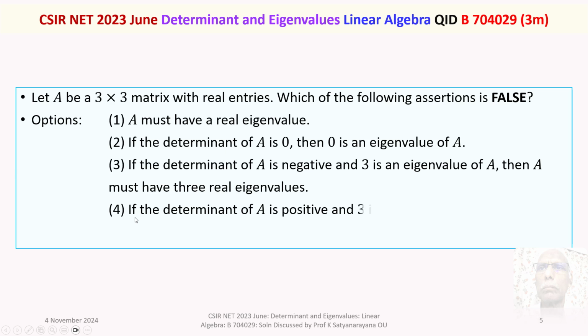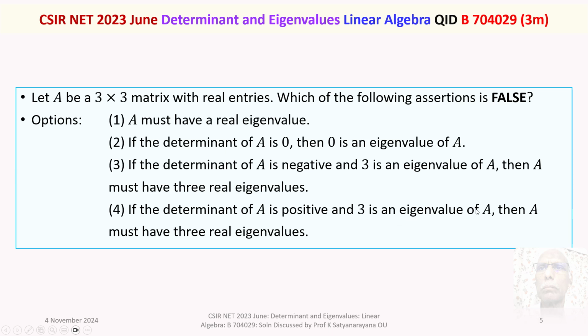Option 4, if the determinant of A is positive and 3 is an eigenvalue of A, then A must have 3 real eigenvalues.